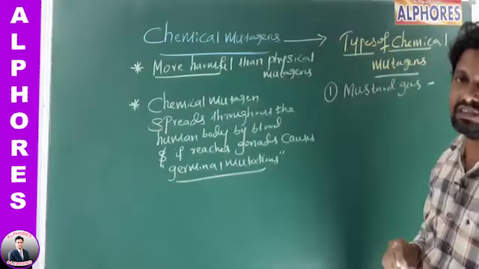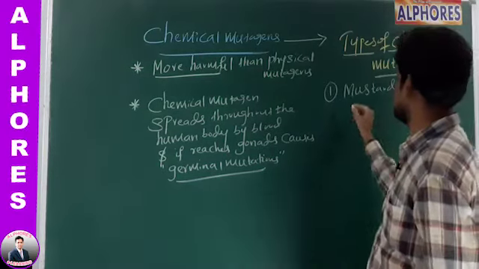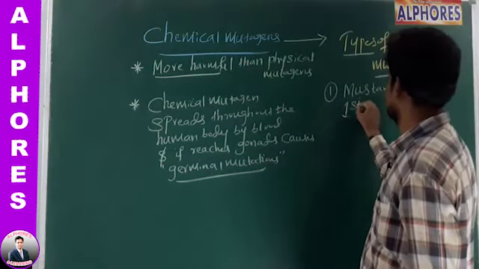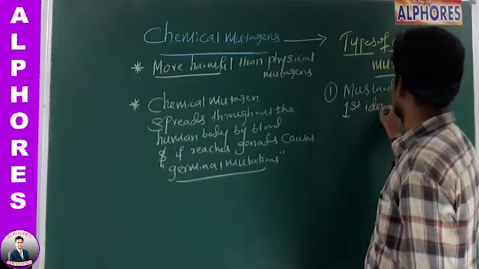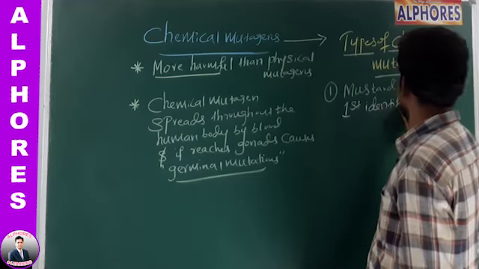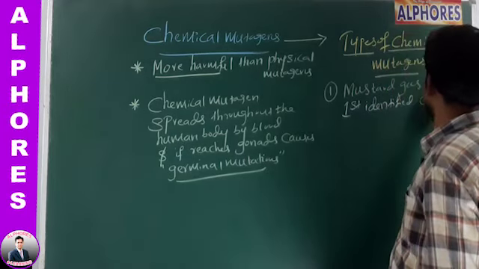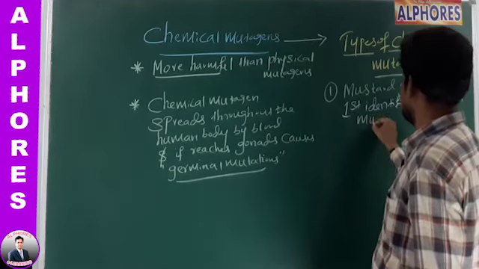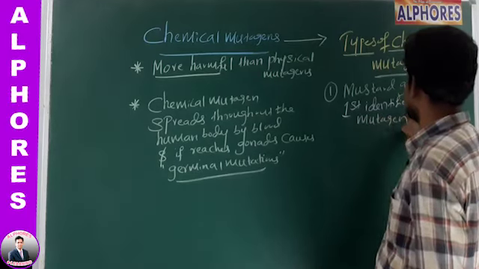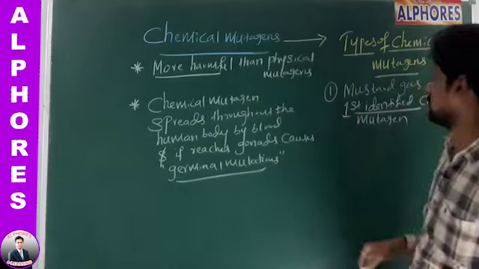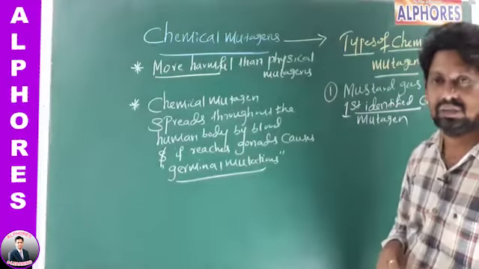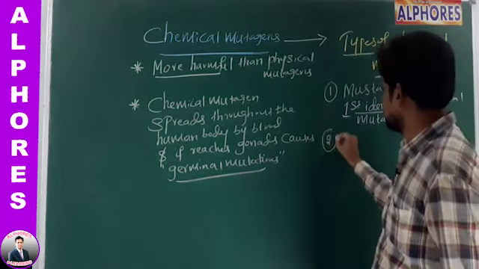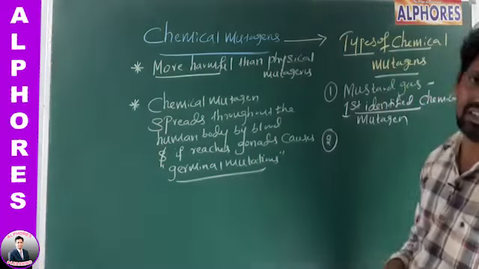This is the first identified chemical mutagen. Who is the first identified chemical mutagen, sir? Mustard gas. Number two, the second one is nitrous acid.